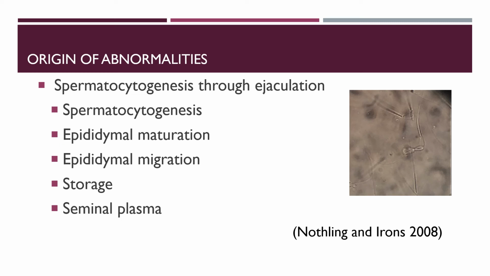Other factors can contribute to that, such as nutrition, just outside conditions, illness, and some drugs may also impact the viability of semen or the viability of sperm after they've been stored in that epididymis. Additionally, the seminal plasma is the environment in which the distal droplet is shed, and occasionally that won't happen, and sometimes it is a problem with the seminal plasma itself.